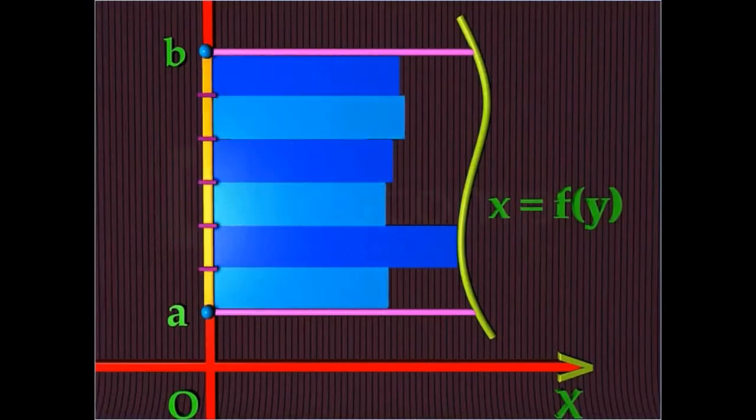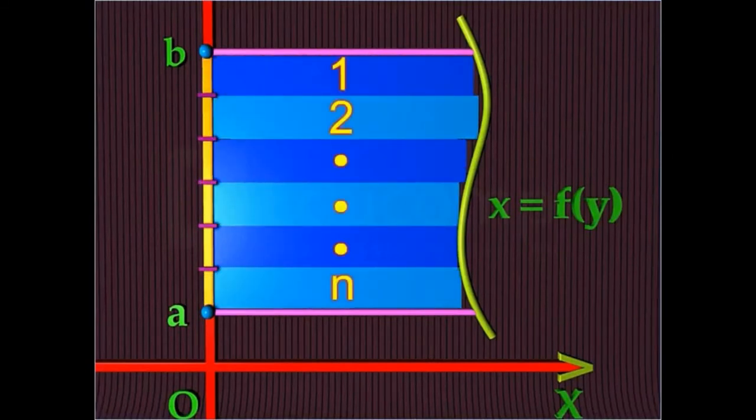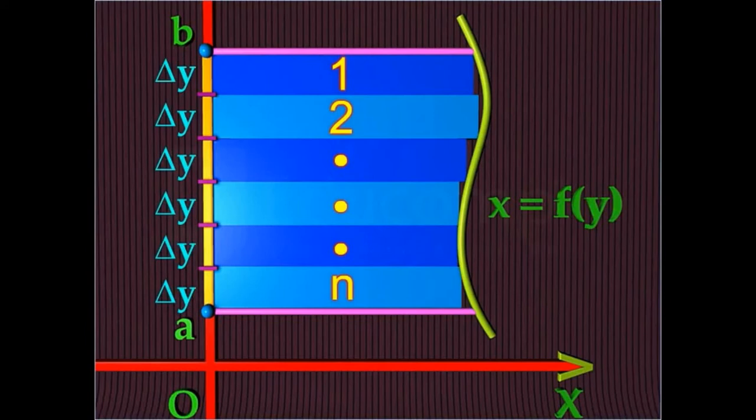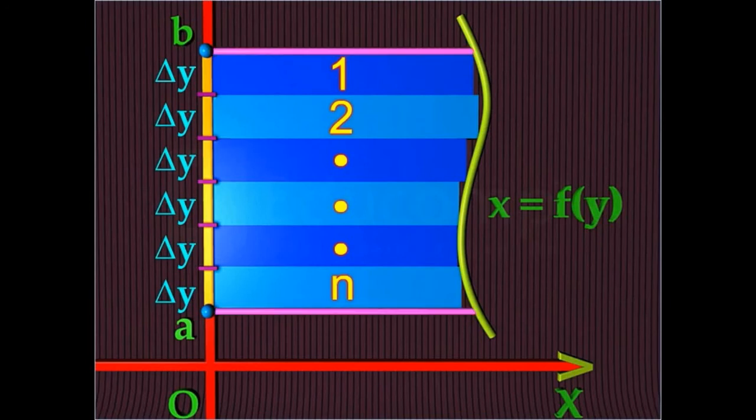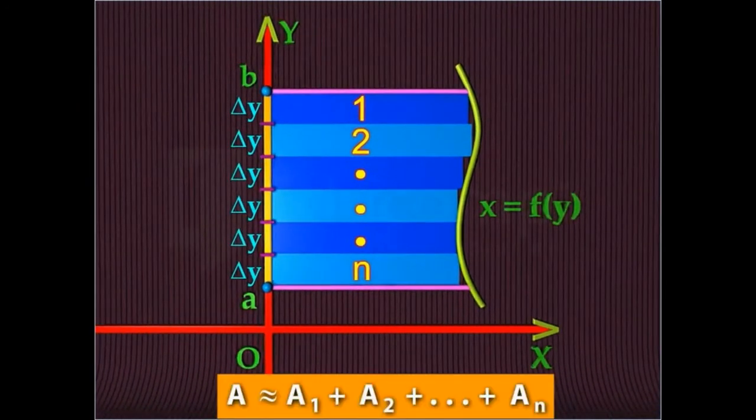If we create n such rectangles of the same width between a and b on the y-axis, we can think of the approximate area enclosed by the curve and the y-axis in the closed interval [a, b] as the sum of the areas of these rectangles.